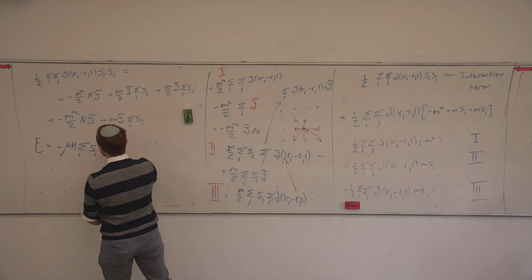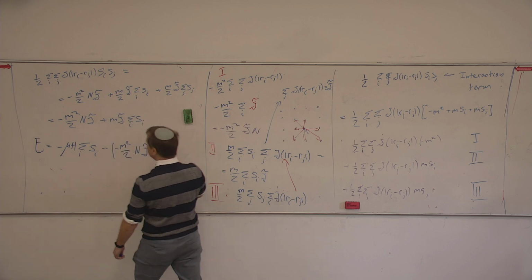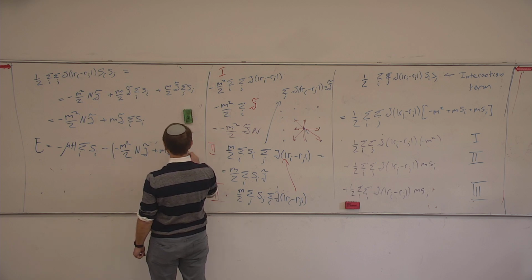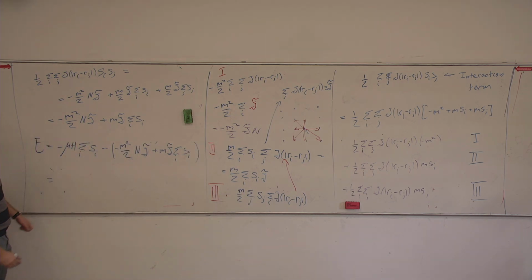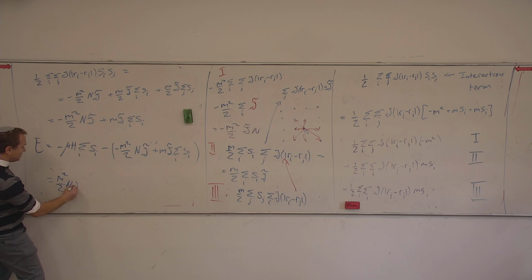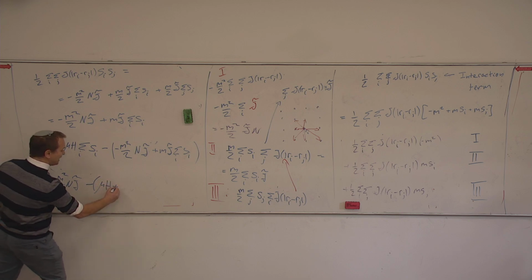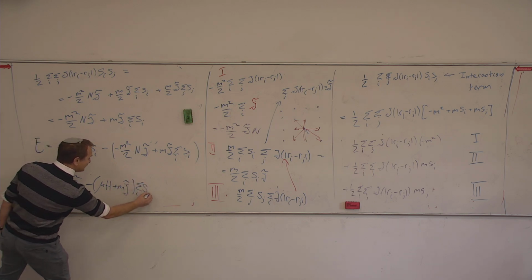So we have minus m squared divided by 2 and J tilde plus m J tilde, a summation of i s_i. What we got at the end, we have m squared divided by 2 and J tilde, this is this term, and we have minus mu h plus m J tilde sum over i s_i.